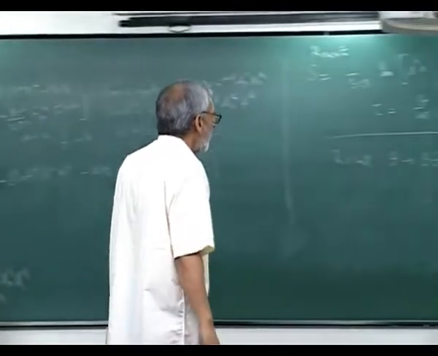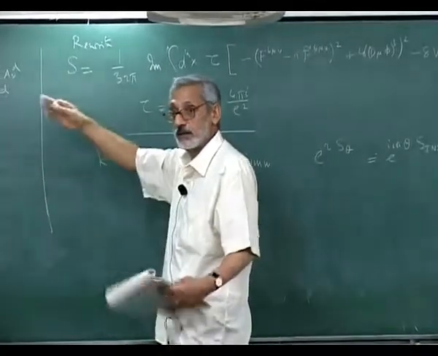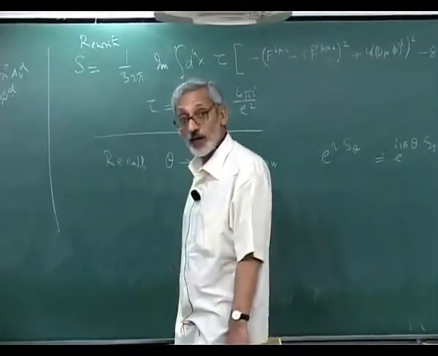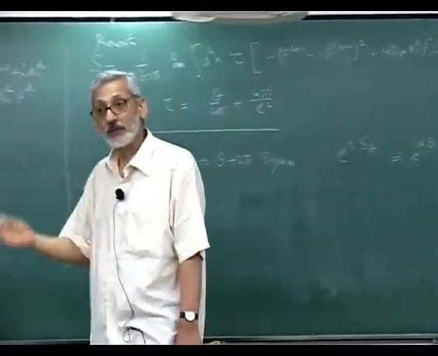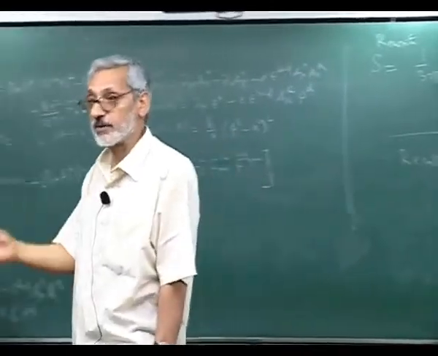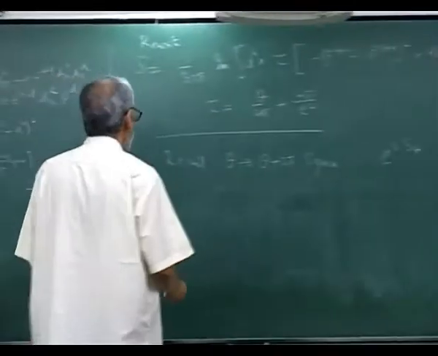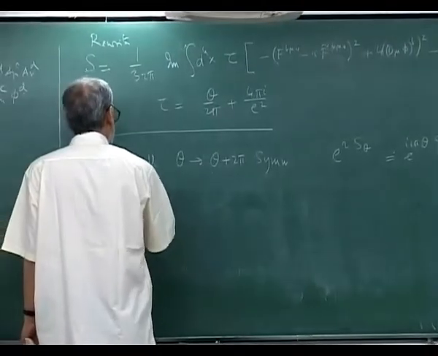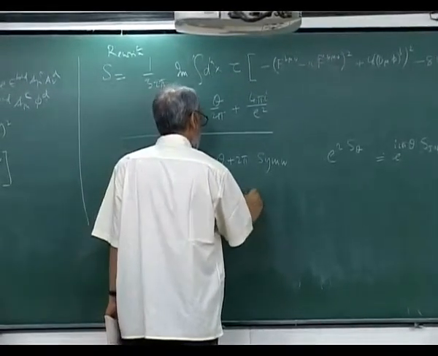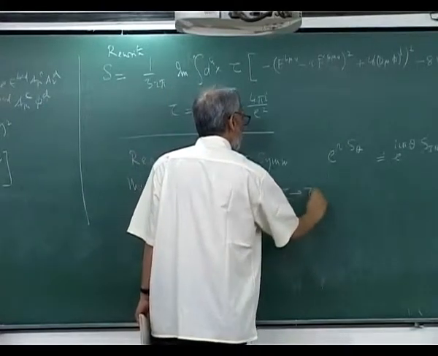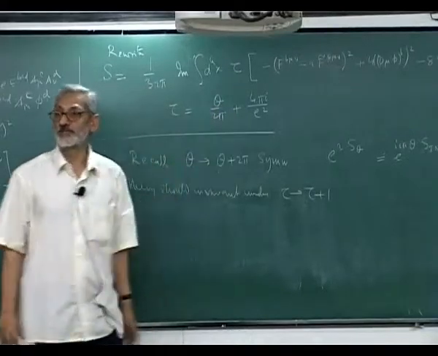Which means if I write the theory with functional integrals with this action, or I write the functional integral with theta replaced by theta plus 2 pi, the theory should be the same. The answers from such functional integrals should be the same. That means the theory should be invariant under tau going to tau plus 1, because theta shifting by 2 pi means tau shifting by 1.